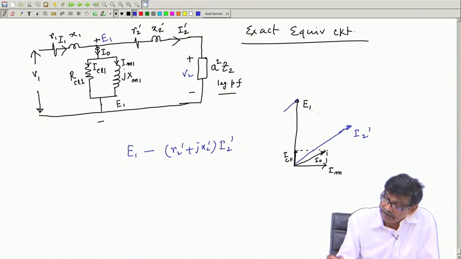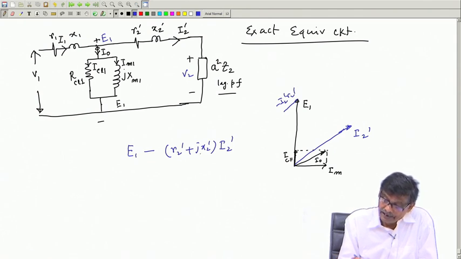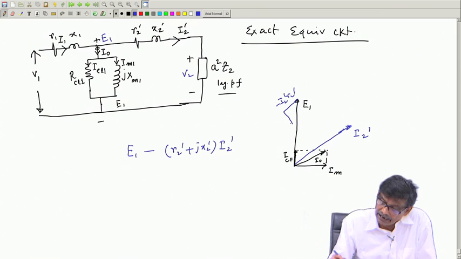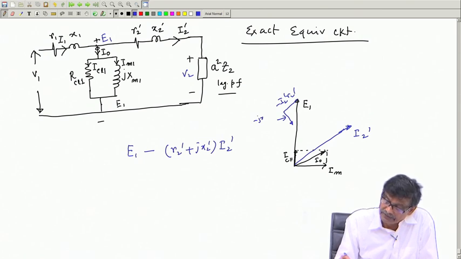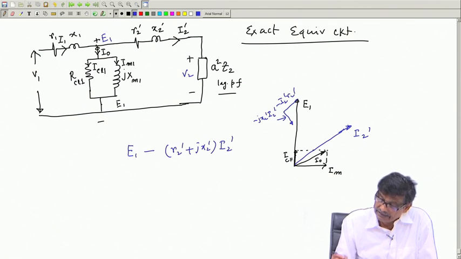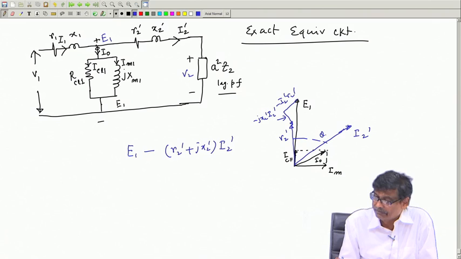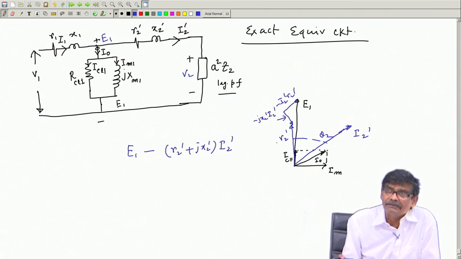Then minus j X 2 dashed I 2 dashed, which is perpendicular to this. So, subtract that, and this will be your V 2. Then this angle will be your power factor angle. This is the load power factor angle, whatever it is.